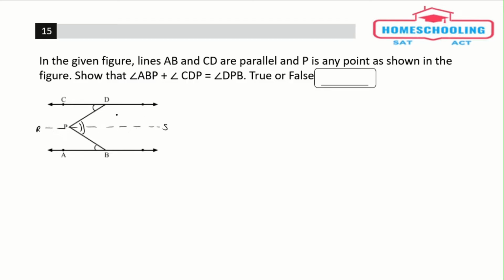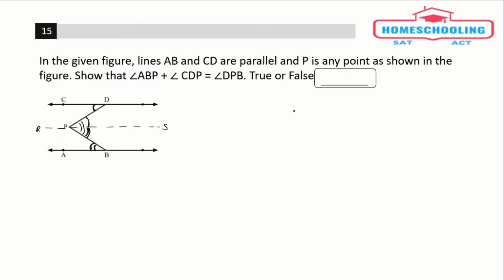CD and RS, and this is a transversal line, so this angle and this angle would be equal, because these are alternate interior angles. Similarly, this angle and this angle would be equal, because if we take these two as parallel lines, RS and this one, PB, as a transversal, then these two angles would be equal.